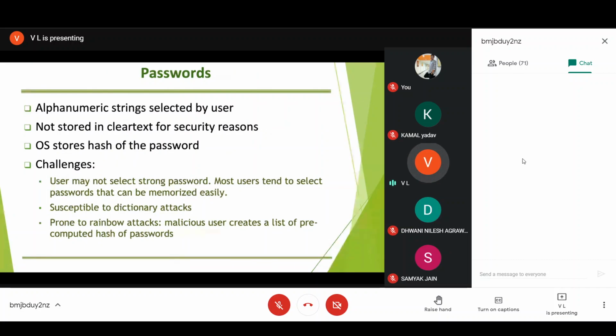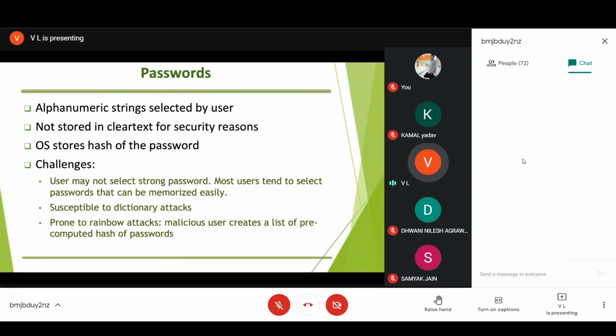So passwords are generally the alphanumeric string selected by the user. Now the point is that this password has to be stored by the system somewhere, so that it can be matched again when the user logs in. The point is that if the operating system stores it in clear text, then anyone who has somehow gained access to the system can read the password of other people.